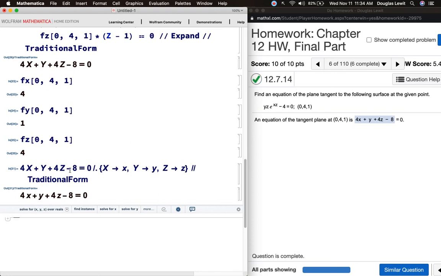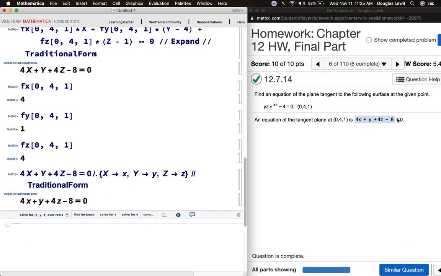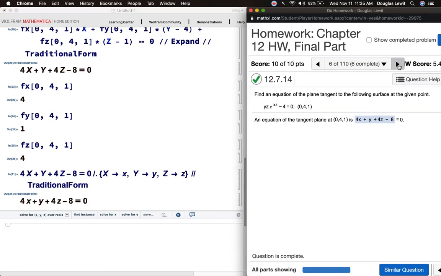But that's kind of a cosmetic issue. Just remember, if your answer in Mathematica has capital letters, when you type your answer into the answer box in Pearson, just remember to use lowercase letters. It's really not a big deal. Okay, so let's move on.